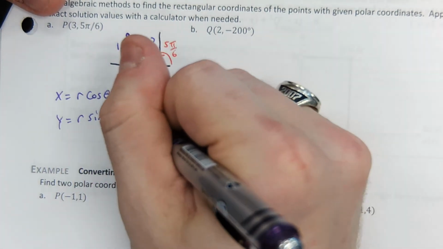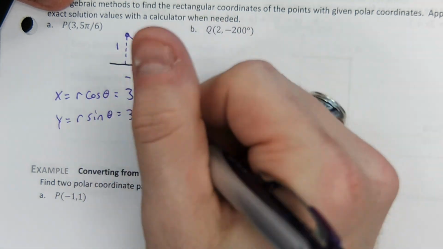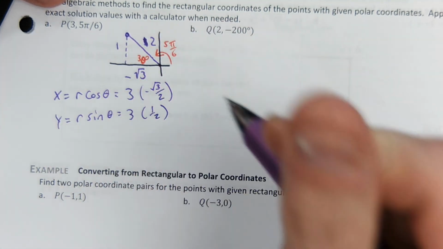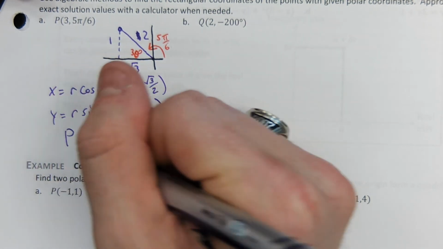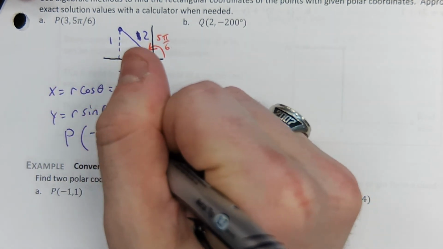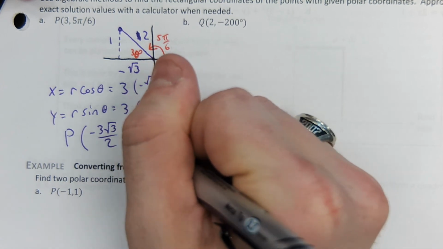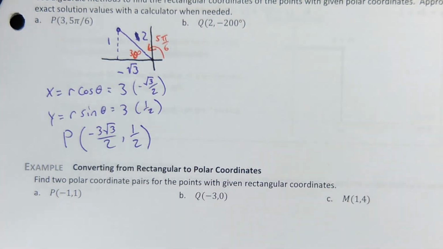That's 3 times y over r, 1/2. So the Cartesian coordinates for point P are negative 3 root 3 divided by 2, comma 1 divided by 2. Ta-da! R cosine theta, r sine theta.